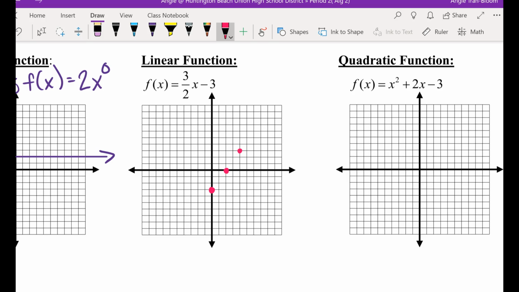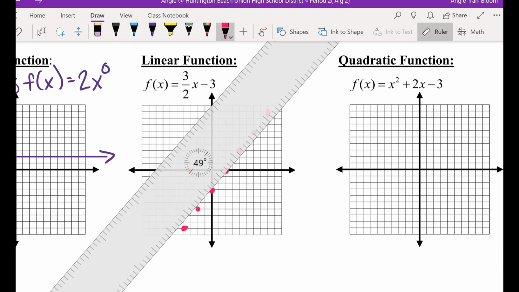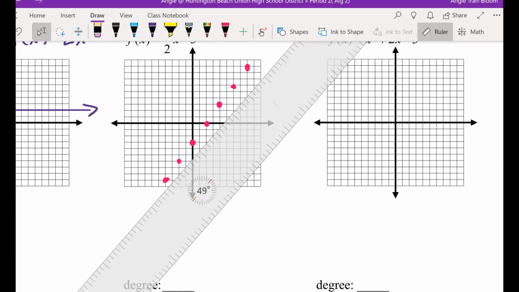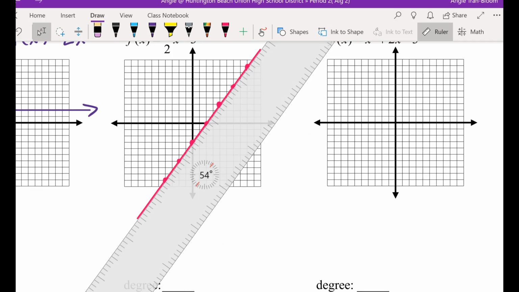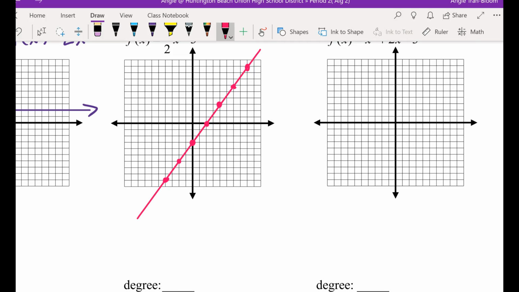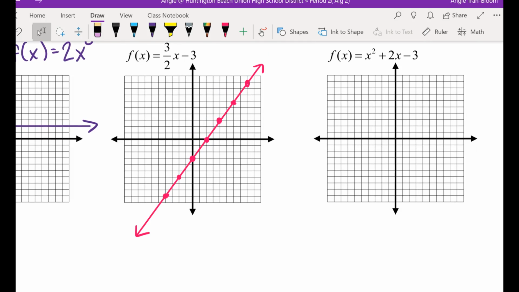Do it all the way until you fill up the whole grid, just so you have a nice straight line. Okay, so that's my line. Then we're going to go downward and answer all of the parts.